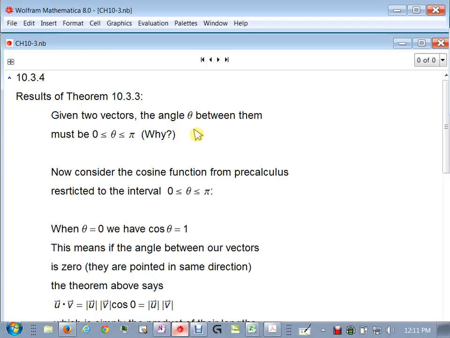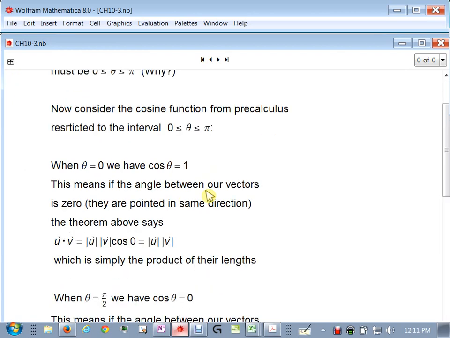Now if I increase the angle and get to pi, it's pointed in the opposite direction. They're still parallel. And if I go bigger than pi, then the angle between them is now this other one. We don't talk about the larger one, we always talk about the smaller one. Make sense? So we always have that restriction between 0 and pi.